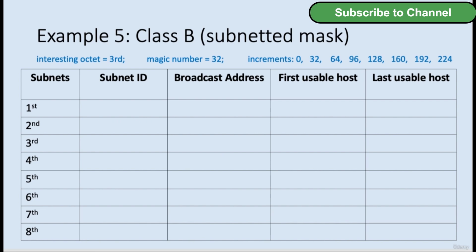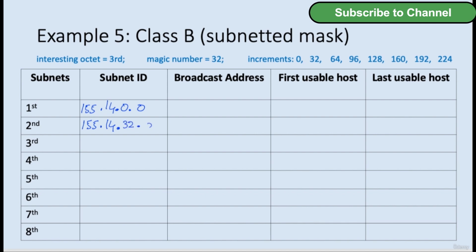So the increments that we produced in our previous slide are written here. Based on that, I will write my subnet IDs. 155.14. Now it is the 3rd octet, which is my interesting octet. In the interesting octet, I will write my increment, that is 0, and the next octet comes as it is. And then again 155.14, and the 3rd one is the interesting octet.